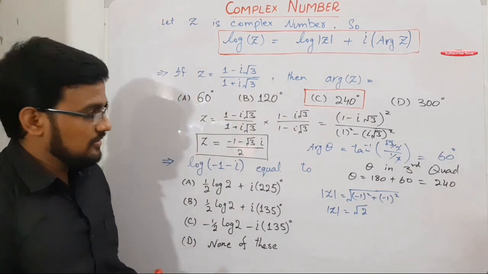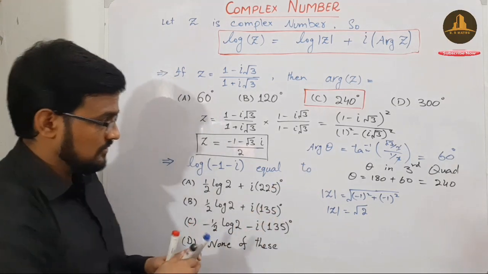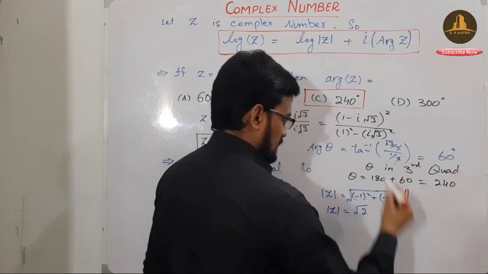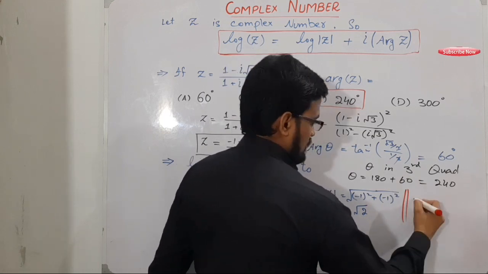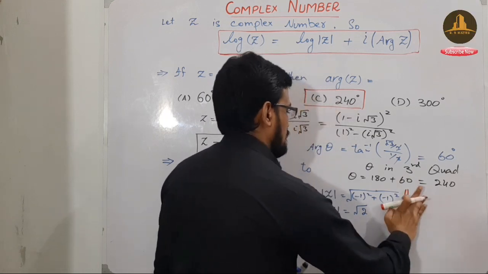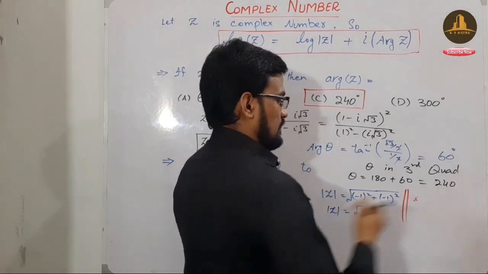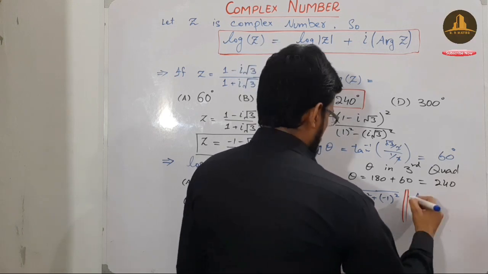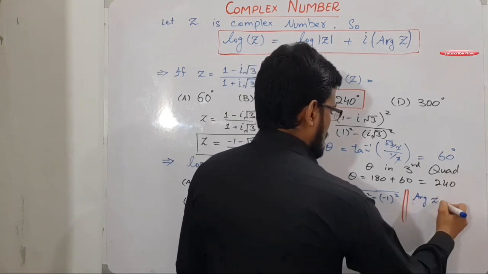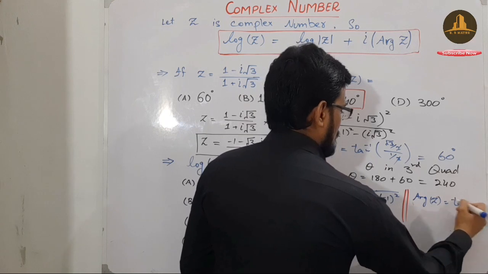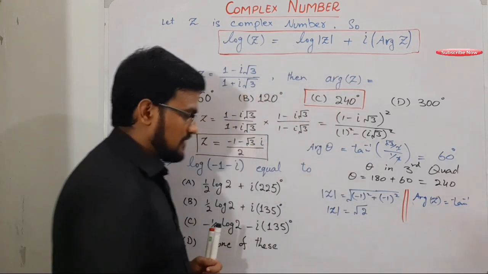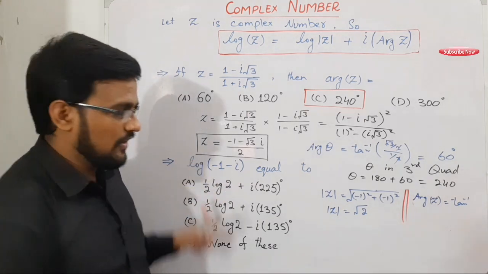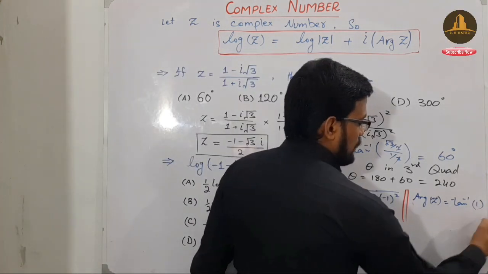Next, the argument according to this rule. The argument of z is tan inverse of imaginary over real, in the third quadrant, tan inverse of 1 over 1, which is 45.